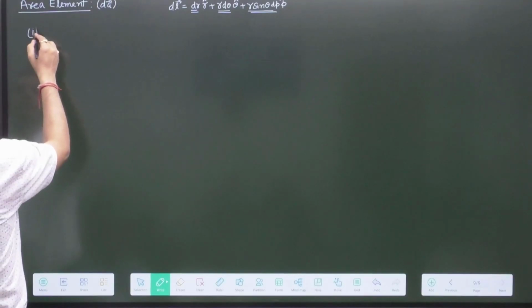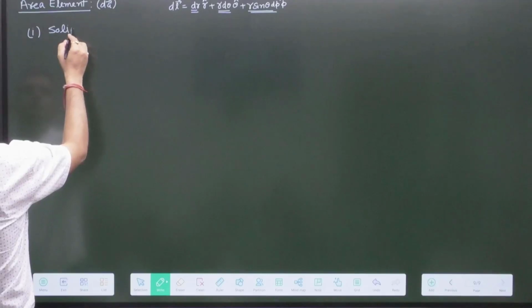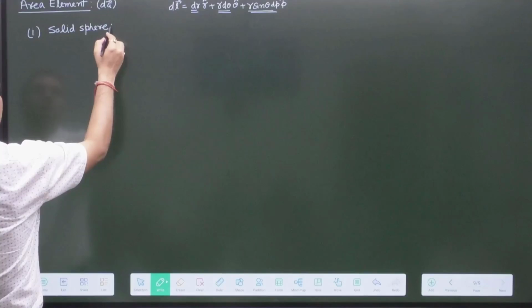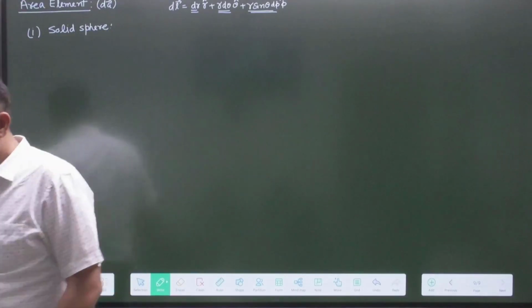So the first example is you have a solid sphere.